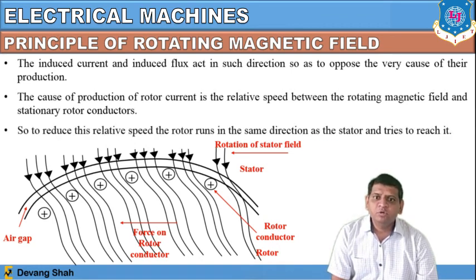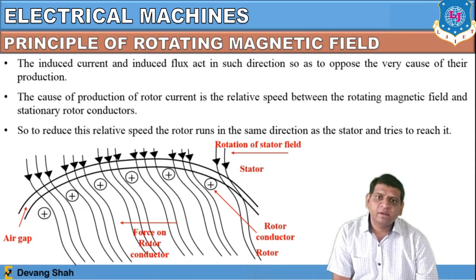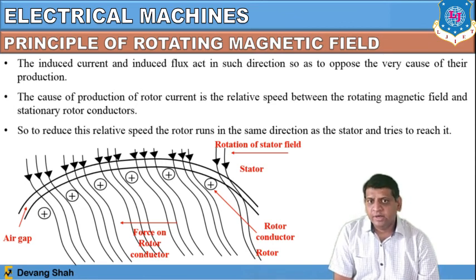To reduce this relative speed, the rotor runs in the same direction as the stator field, trying to reach it. Ultimately the rotor follows the speed of the rotating magnetic field but never attains it. If it did attain it, the flux cutting would again become zero, so this is never going to happen.